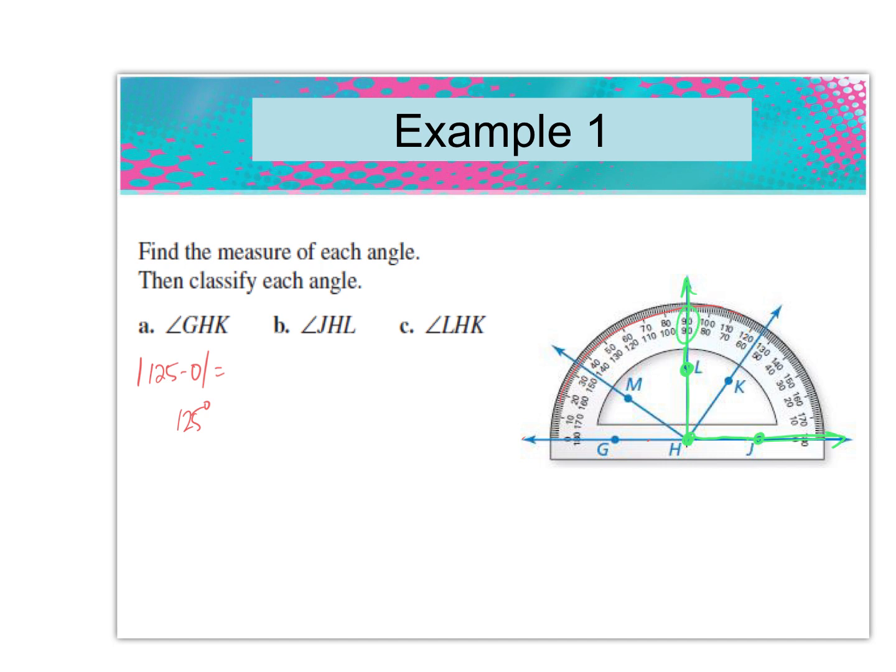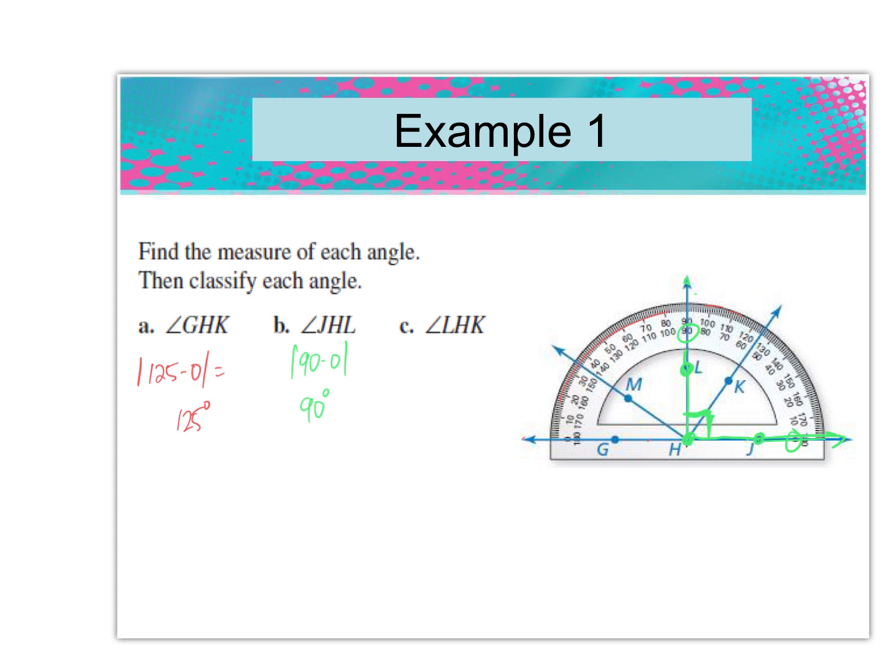Since I'm starting on the right side, the 90 degrees that matters to me in this one is the bottom one. However, they're all the same. So I could do the absolute value of 90 minus 0, which is 90 degrees. But I don't need to do that since it started at 0. I'm just going from 0 to 90. That's 90 degrees. And I could identify it with this little square as well.